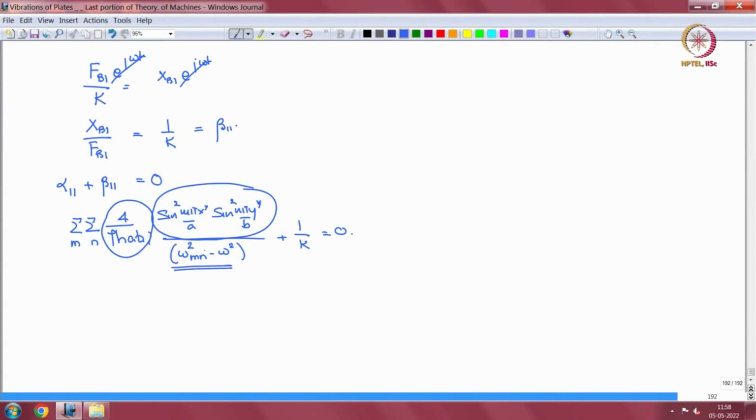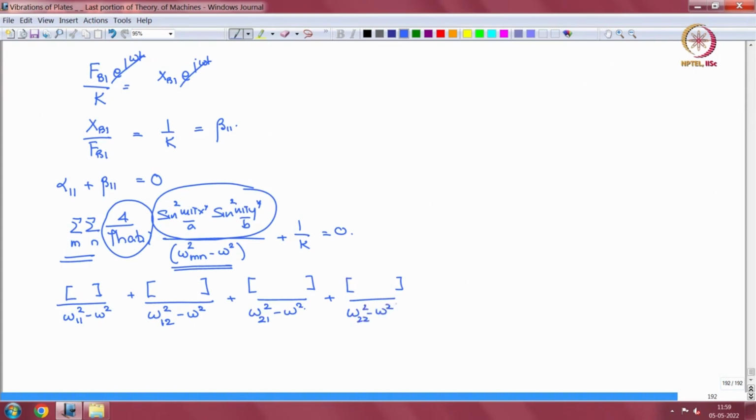So, if I write a few terms separately, there is something positive on top with omega 1 1 square minus omega square, then omega 1 2 square minus omega square, then omega 2 1 square minus omega square, then omega 2 2 square minus omega square, and so on, plus 1 by k equal to 0. So, let us look at each of these terms.